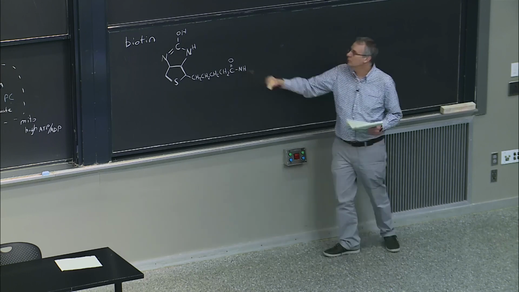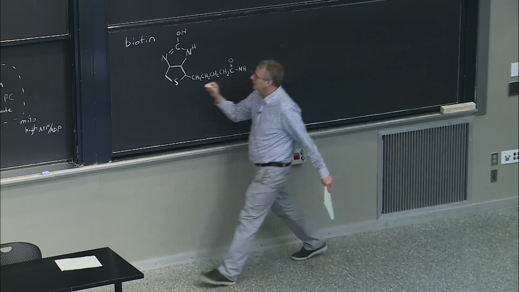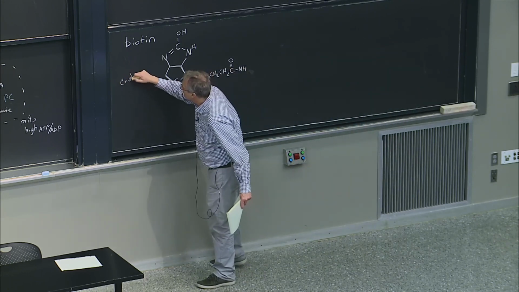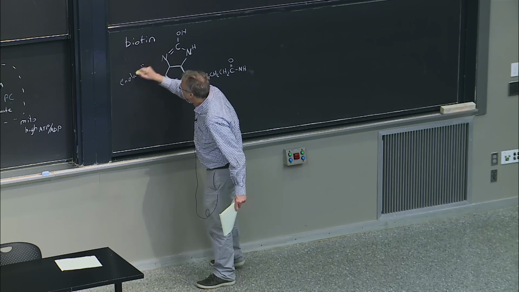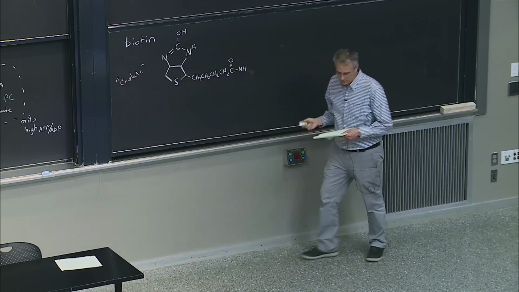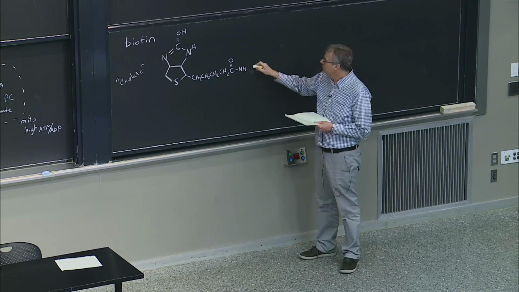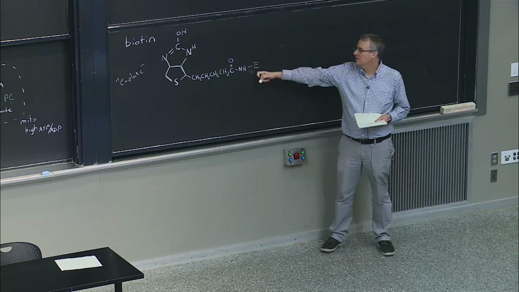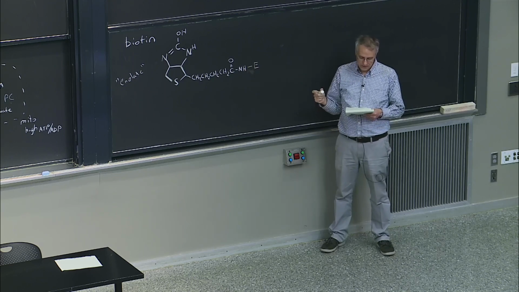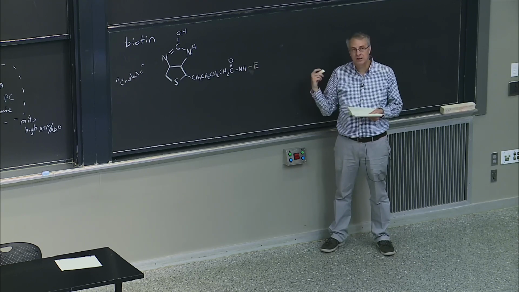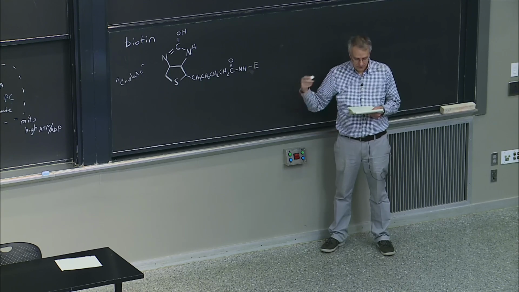So this here would be biotin. I've drawn it in the enolate form of biotin. I'll draw it in a different way in a second. Biotin is typically bound to a lysine molecule in the active site of an enzyme that uses this.